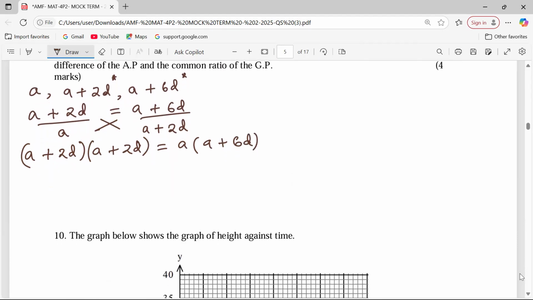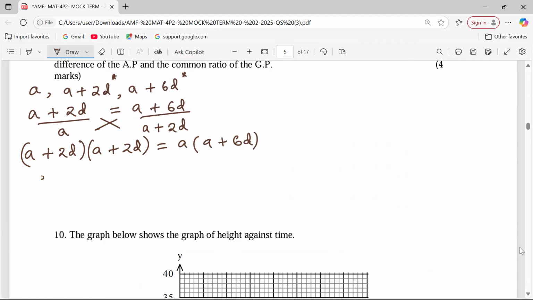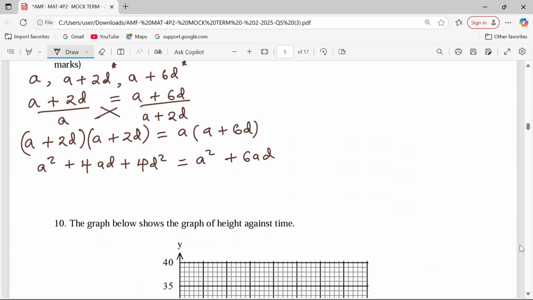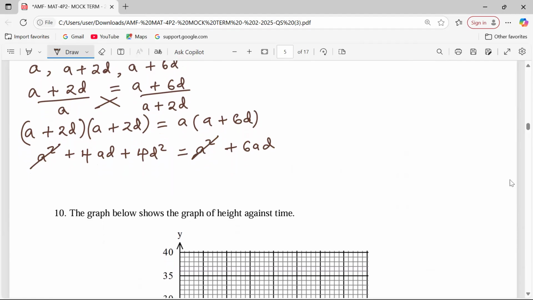Now I can open brackets and have A squared plus 4AD plus 4D squared equals A squared plus 6AD. At this point, we can group terms, whereby A squared and A squared cancel out. Then 4D squared equals 6AD minus 4AD, which gives 2AD.